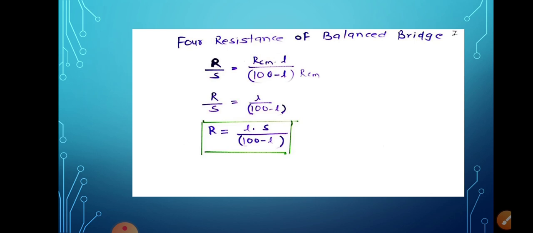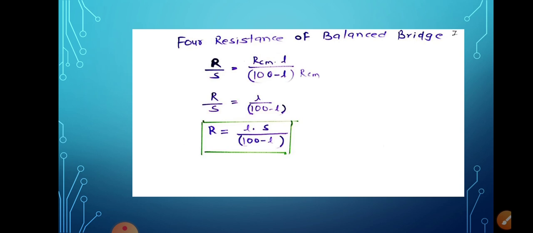Suppose the standard resistance is 2 ohm and L is 40 centimeter. So we can determine R, because only L is required. The remaining, definitely, if L is 40, will be 60. So like this we can calculate the value of the unknown resistance.